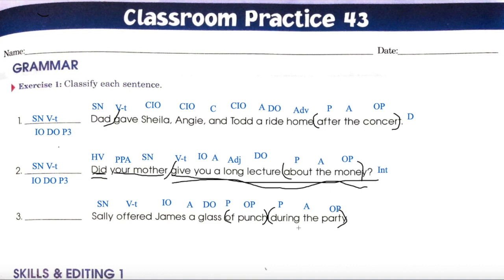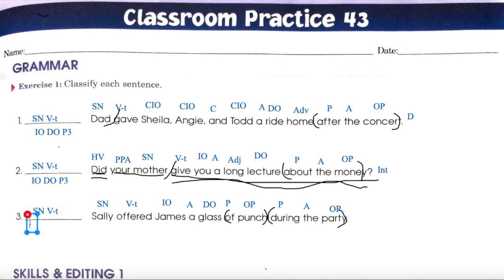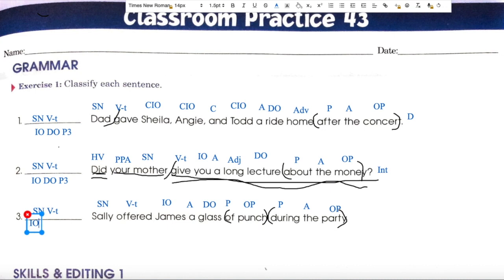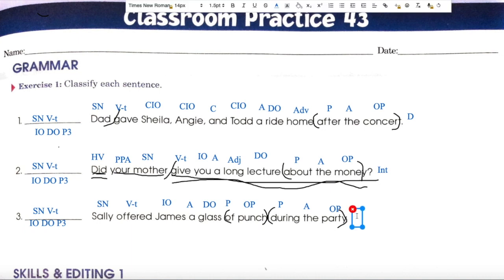Okay, let's go ahead and write our sentence pattern. S N V T I O D O T 3. We have a period, statement, declarative sentence.